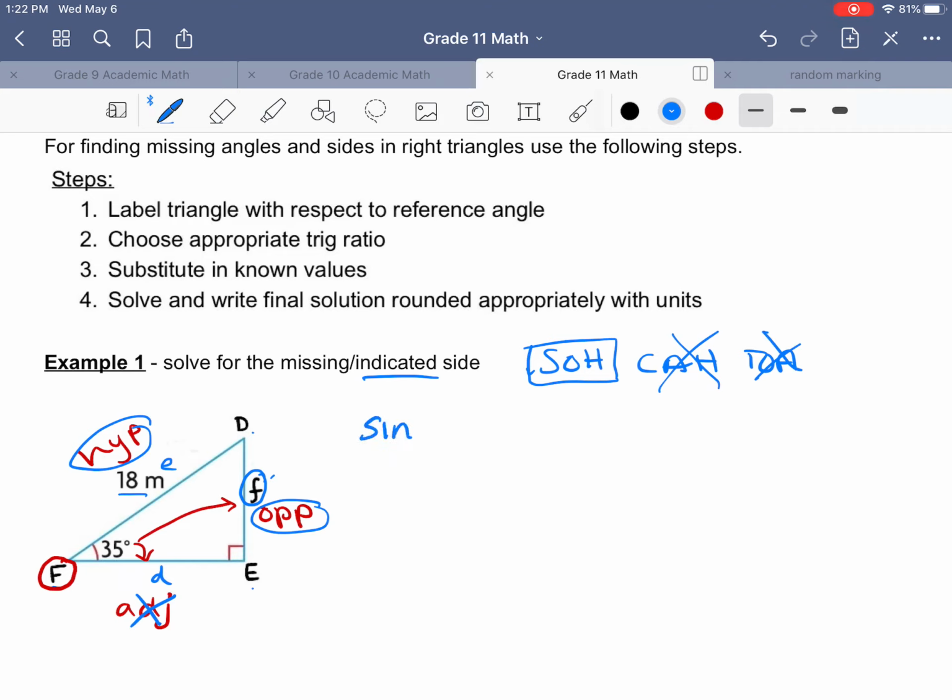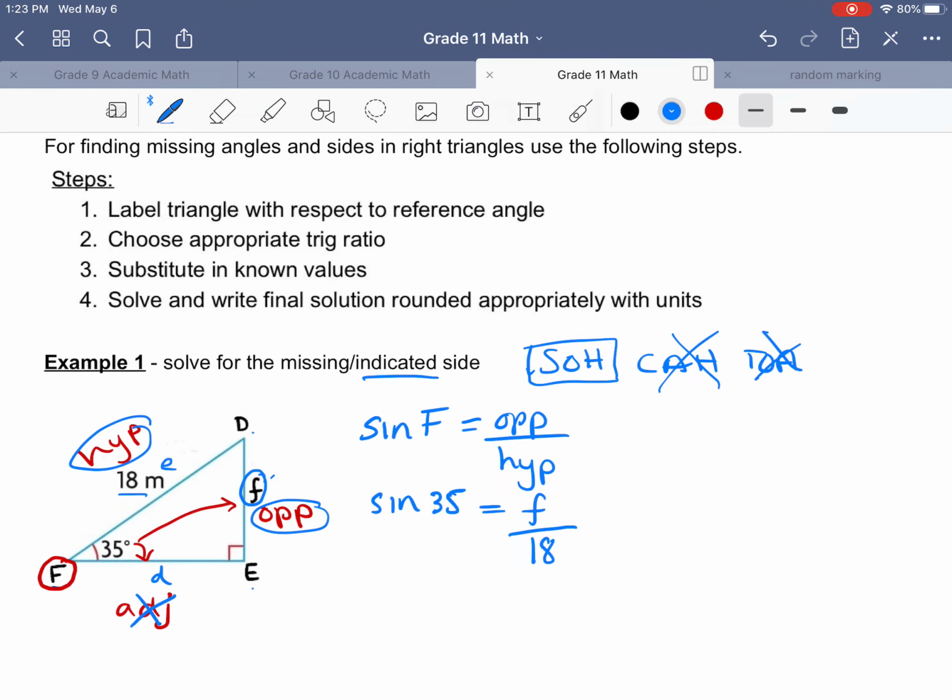So we have sine of our reference angle F is equal to the opposite side over the hypotenuse. Next step, we are going to write in the information that we know. So we have sine of 35 degrees is equal to F, that's our opposite, that's what we need to find, over our hypotenuse, which is 18.